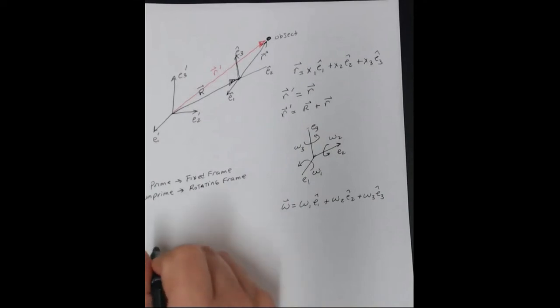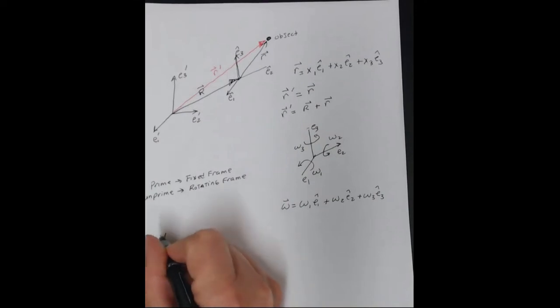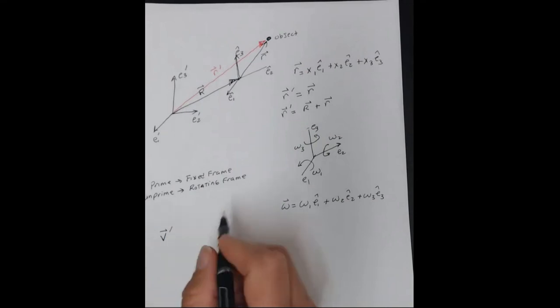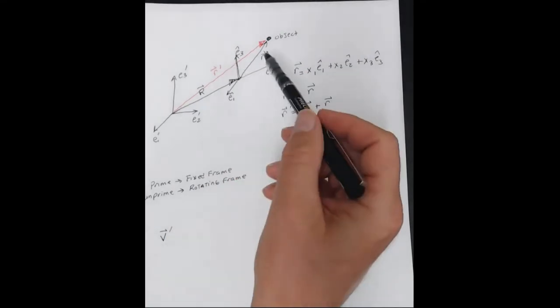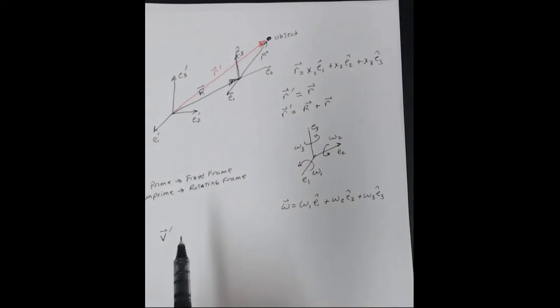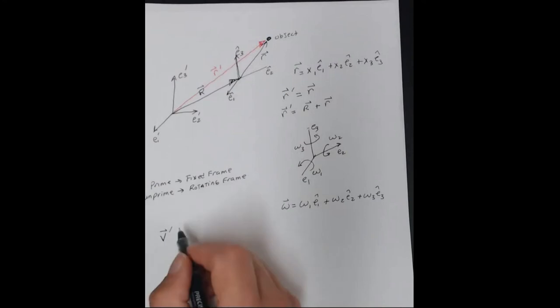So what I want to do now is find the velocity with respect to the fixed frame of our object up there, but I'm going to write it in terms of our rotating frame. So this is going to be dr prime dt.